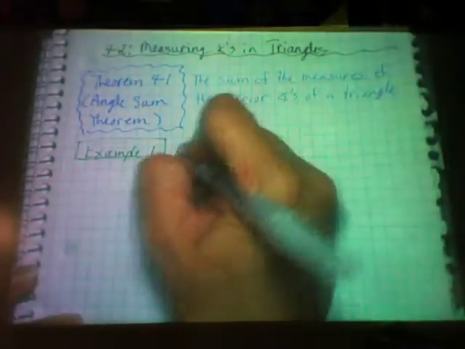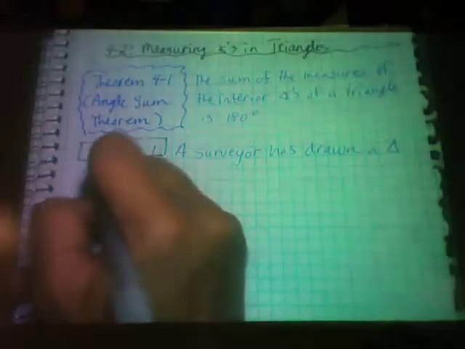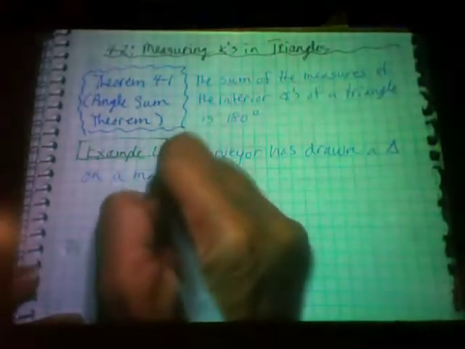A surveyor has drawn, for some unknown reason, a triangle on a map. Actually, surveyors use triangles on their maps often to locate various points. But he's drawn a triangle on a map.